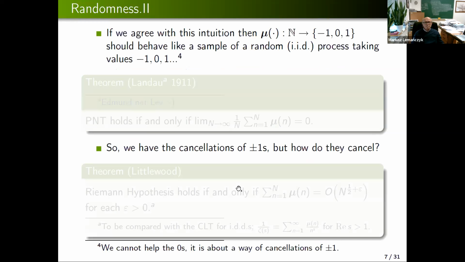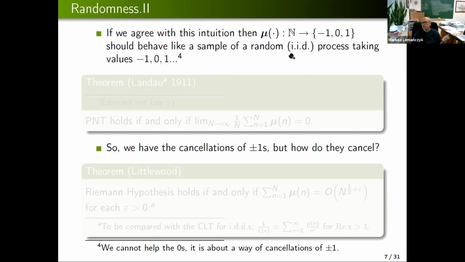Okay. So if we agree with this intuition that multiplicative functions describe to us the randomness of the set of the primes, this should be phrased in the following way: it should resemble the behavior of a sample of a random process.